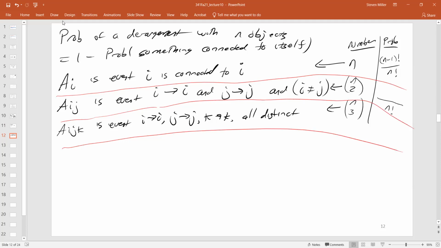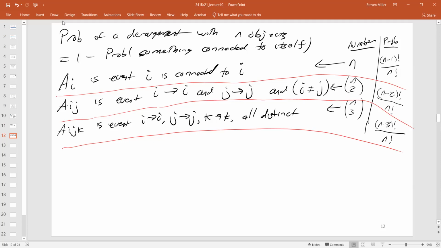And then for the numerator, I goes to I, J goes to J. That's forced on me. And now I have n minus 2 objects that I can put anywhere I want, so it's just going to be n minus 2 factorial. For the next one, I again have n factorial ways of connecting things. I, J, K have to go to specific spots, so I'm left with n minus 3 factorial. And so the point is, these events are actually pretty easy to compute.